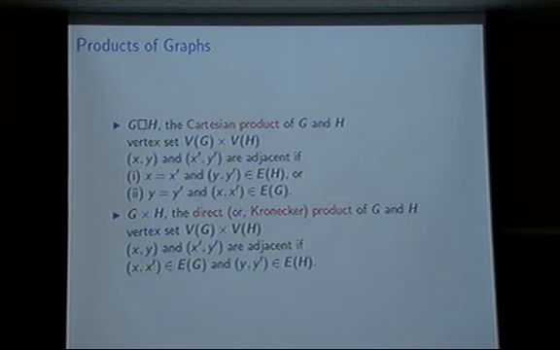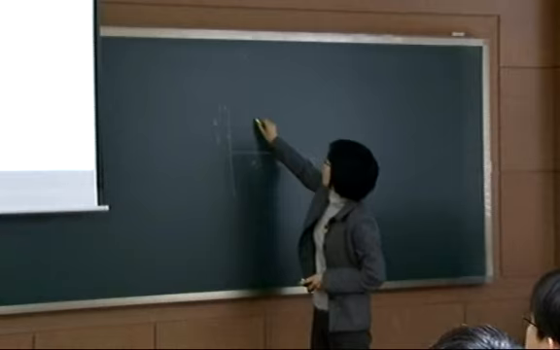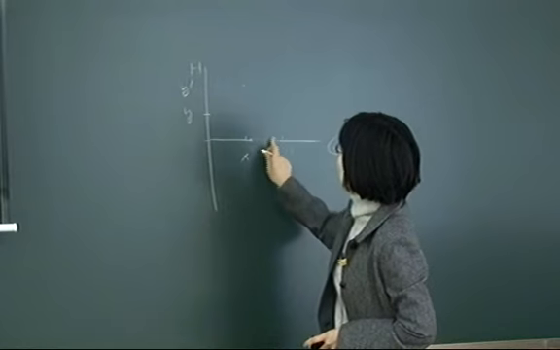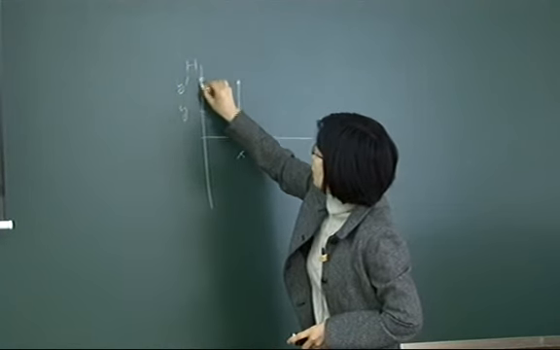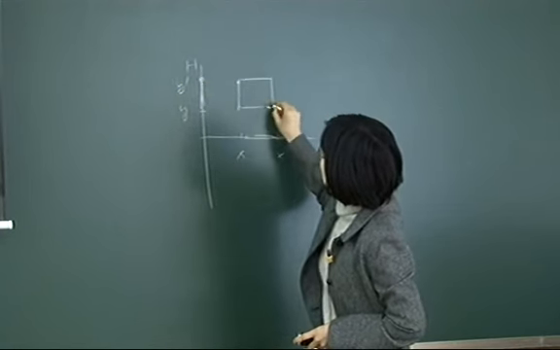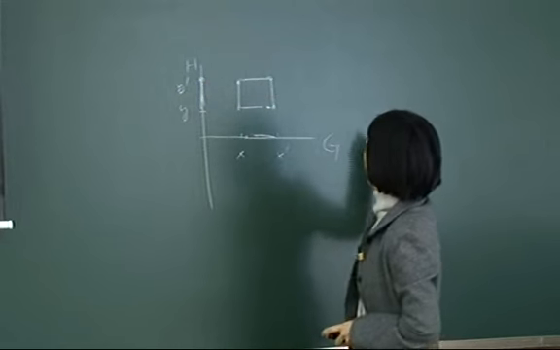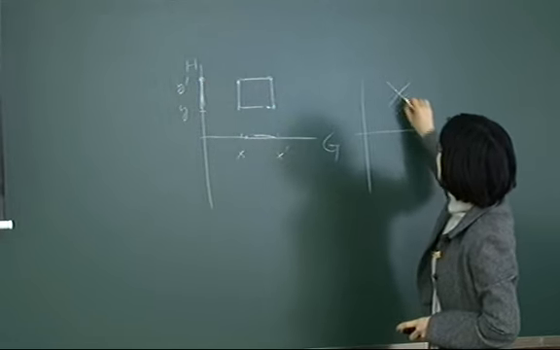So if we draw their picture, say we have G and H, and two vertices x, x' and y, y', then if they are connected and they are connected, the direct product looks like this, and the Cartesian product looks like this.